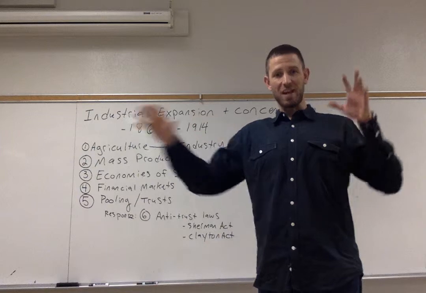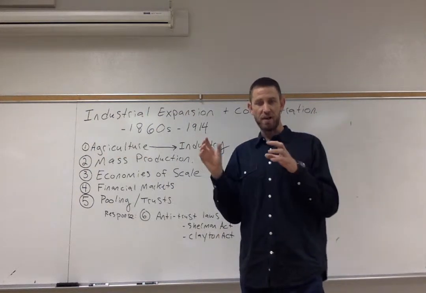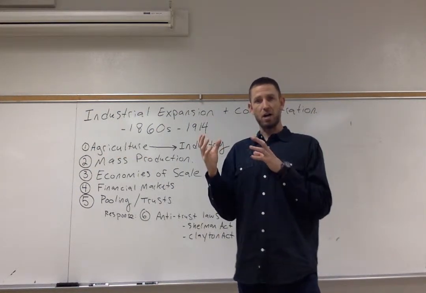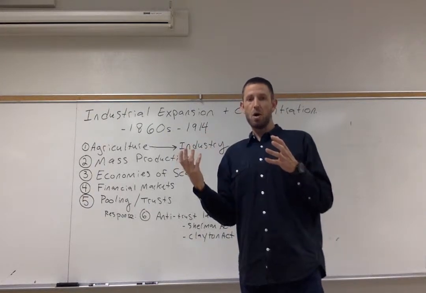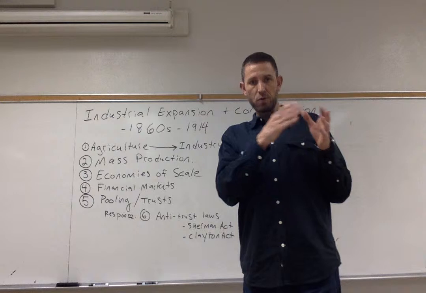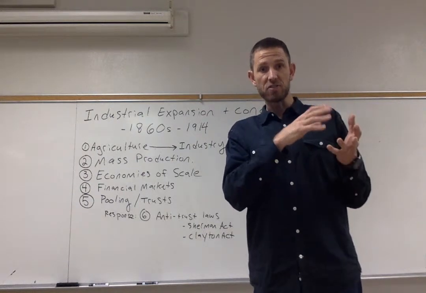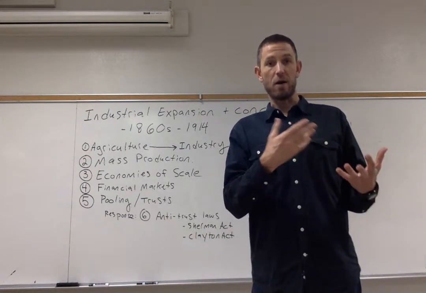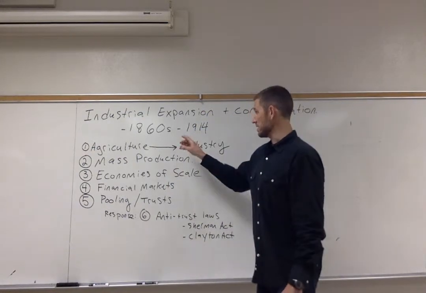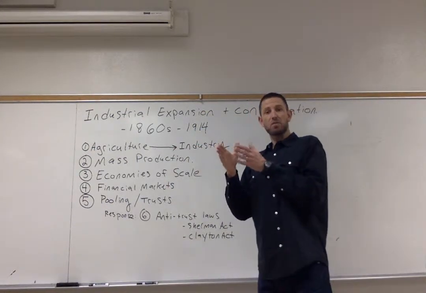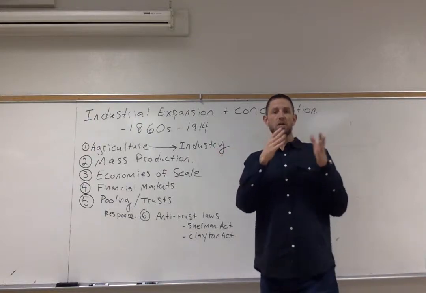You can have a market where there's lots and lots of firms competing, and each of them have a small share of the overall market. Right? That would be an unconcentrated market. Or you could see a situation where there are fewer firms. Right? A couple of big players, they're dominating things. Right? That would be a market that's highly concentrated. And so what we saw then in these years is that markets were moving towards being more concentrated.